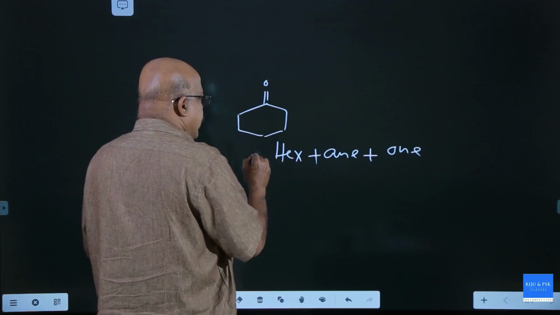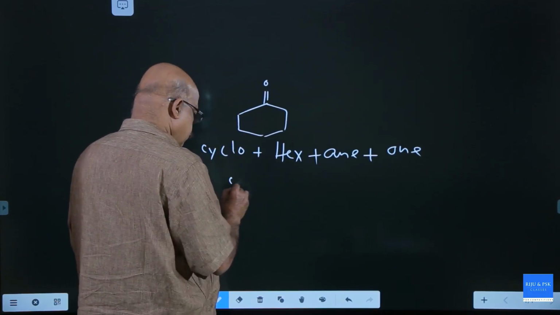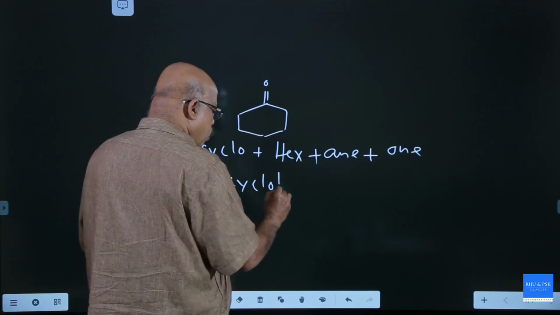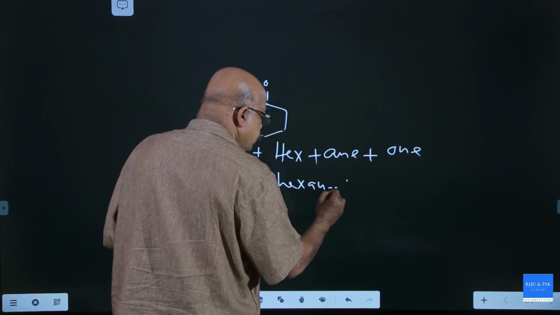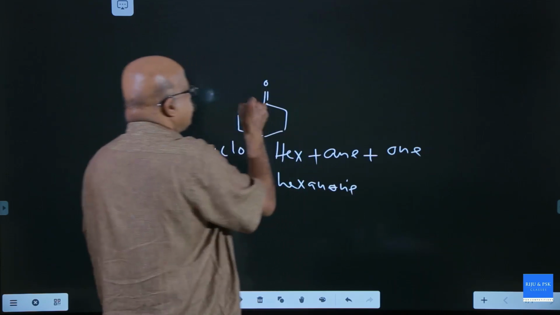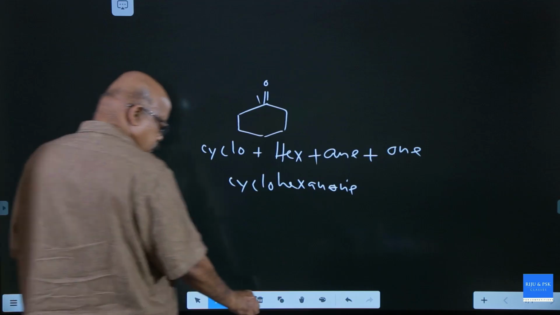Since the molecule has a cyclic structure, it is cyclohexanone. It is always 1, so no need of mentioning the position.